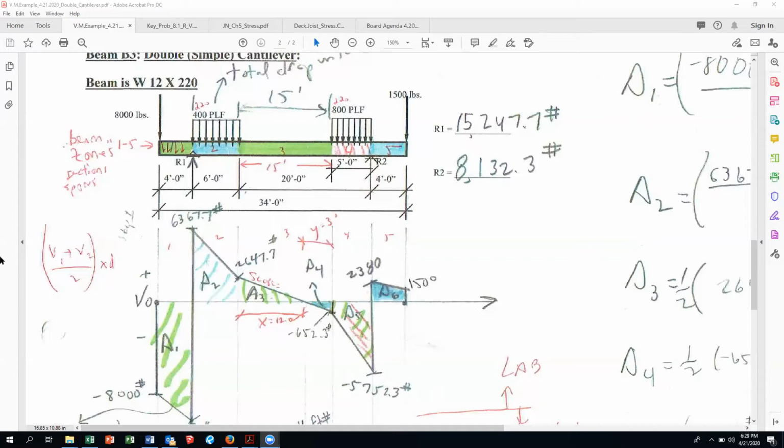One other thing that you want to look at, and I don't have it on a PDF, I just thought of it. I went over a load trace showing just a simple frame, and I asked you to look at tributary widths and then calculate reactions.